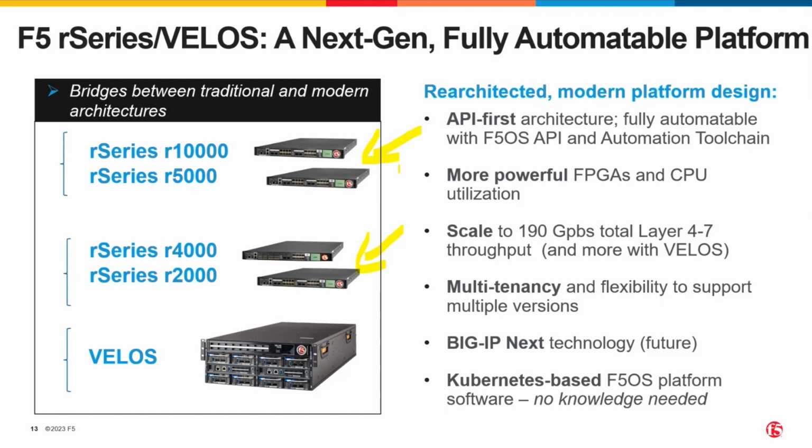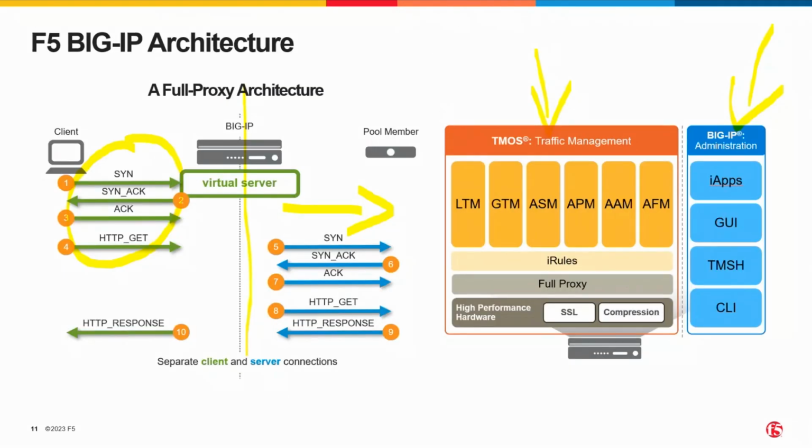The architecture of those products is a little bit different. And of course, the most expensive and the best performing solution is called VELOS. This is a chassis with some blades which we can put into it. And for now, everything still runs with this architecture.